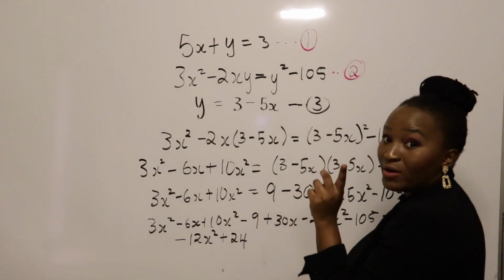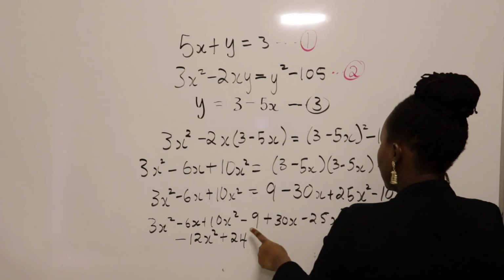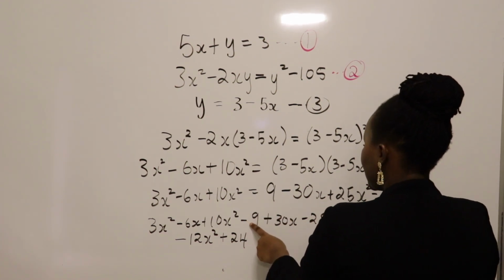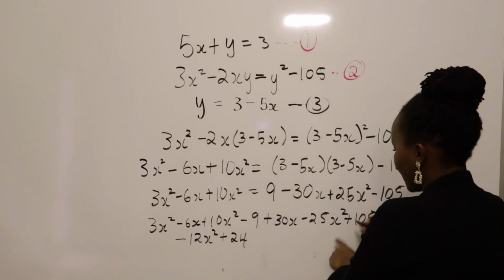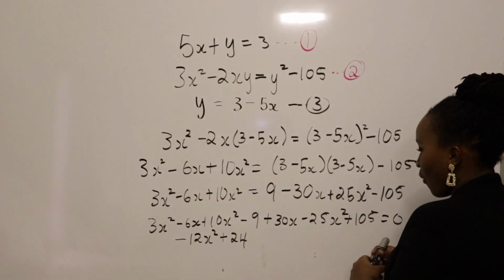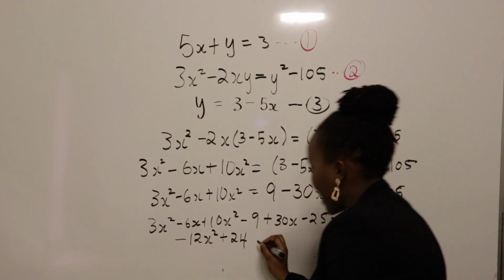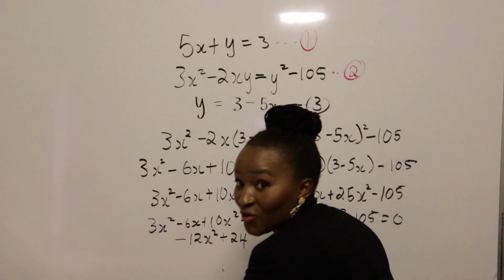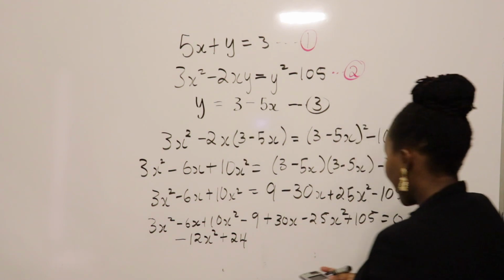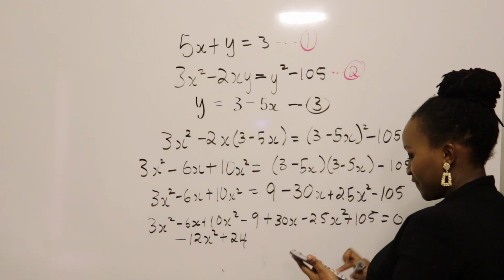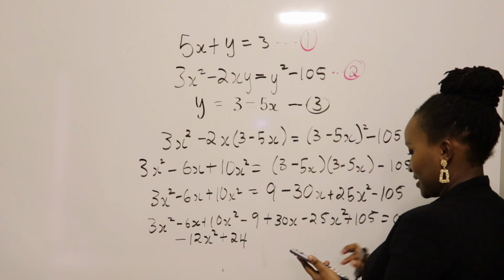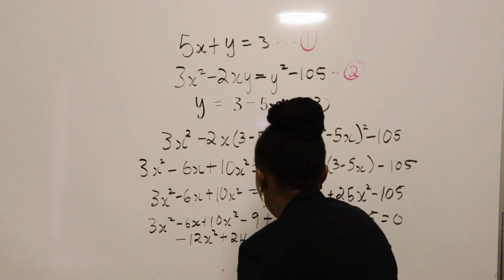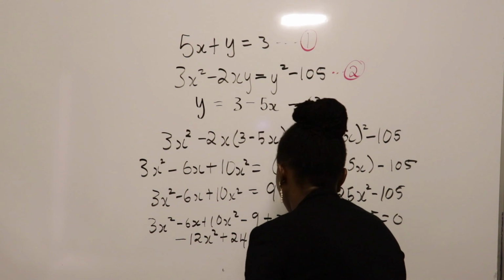Alright, now let's come to the numbers. The numbers is minus 9 and minus 105. So that will give us minus 105 plus 9, that will give us plus 96 equal to 0.